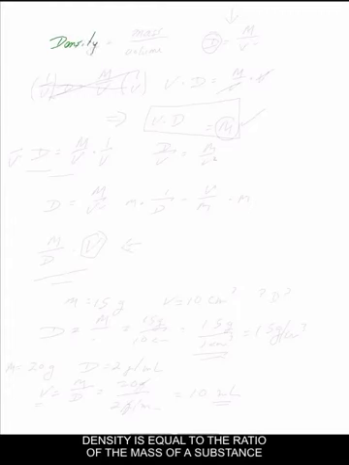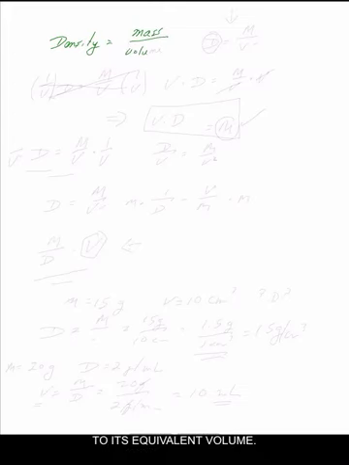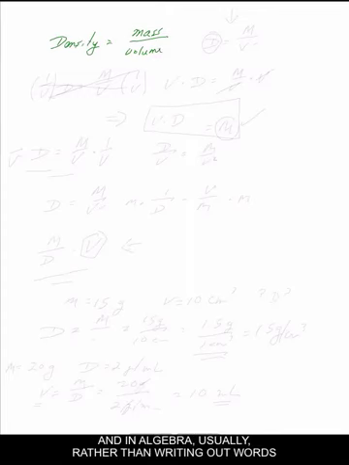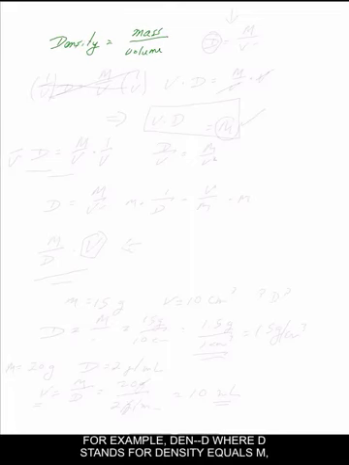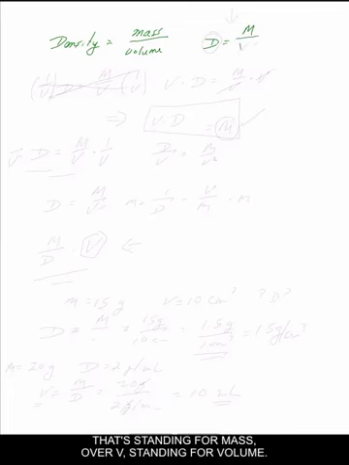Density is equal to the ratio of the mass of a substance to its equivalent volume. And in algebra, usually rather than writing out words such as density, mass, and volume, we replace this with symbols. For example, D, where D stands for density, equals M, that's standing for mass, over V, standing for volume.